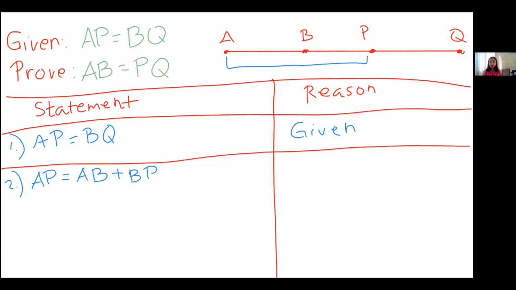So, ibig sabihin, pwede nating makonclude na kapag inadd ko yung measurement nito ni AB, pati ni BP, equal lang siya sa measurement ni AP. Kasi parang dinivide ko lang po siya. Okay? Or kumbaga parang hinimay ko lang. So, syempre, ganun lang din sa kabila. So, si BQ naman, pwede rin nating sabihin na kapag inadd natin si BP at si PQ, equal lang siya sa measurement ni BQ.